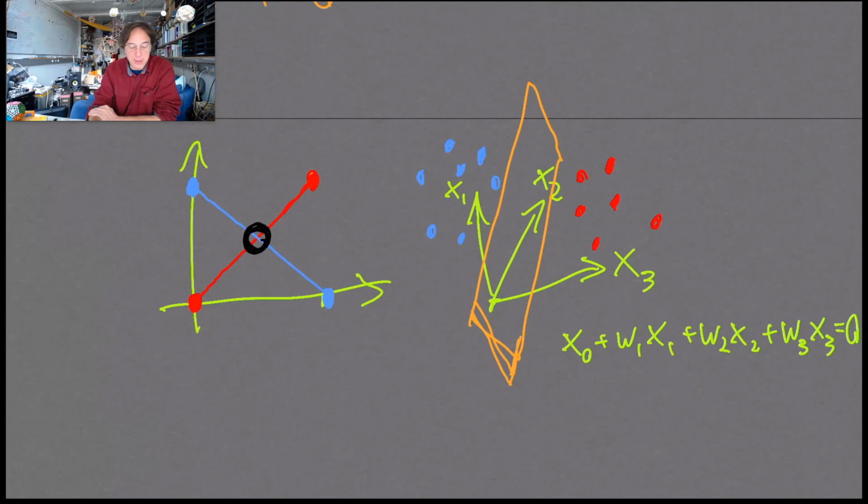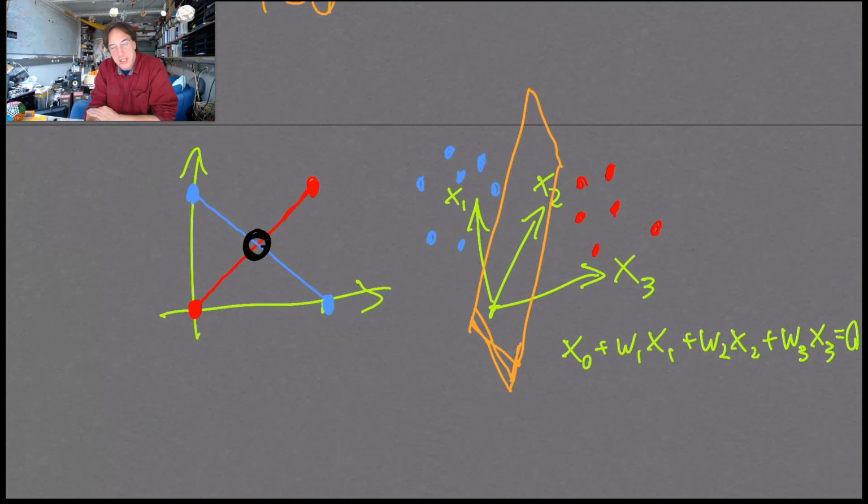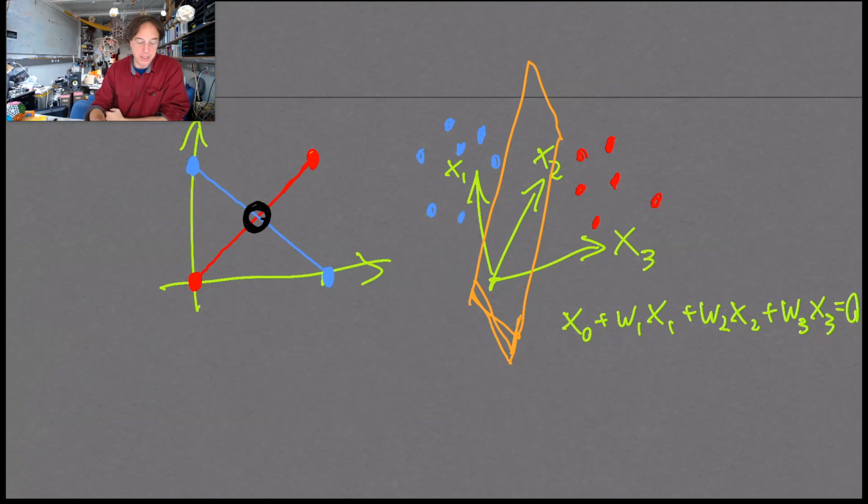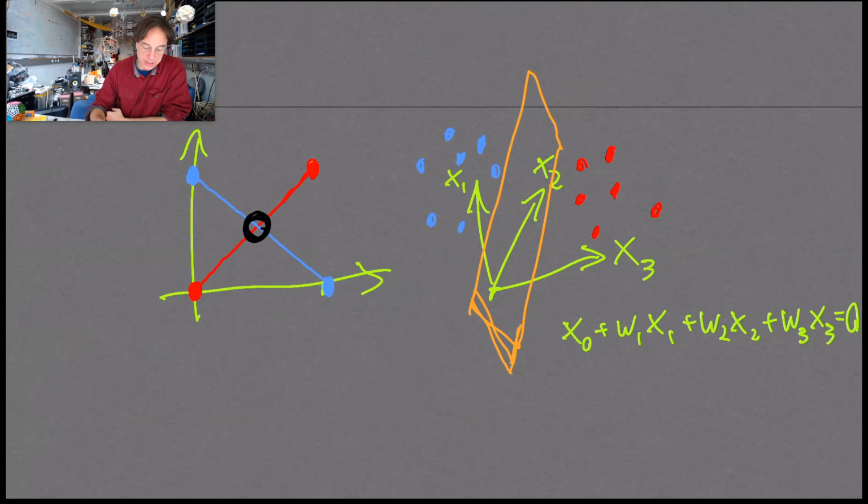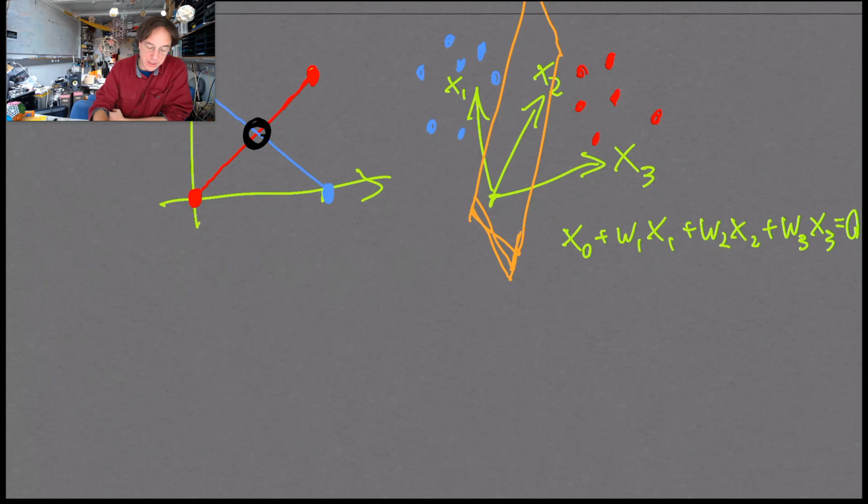For more complicated cases, you usually need more complicated algorithms, but for this type of system we have here, there's actually a very simple algorithm that works anytime there's a solution. So for example, in this case, there is a solution, there's a plane here. So there's an algorithm that will find the solution whenever there's a solution, and the way the algorithm works is very simple. So this is called the Perceptron learning algorithm.